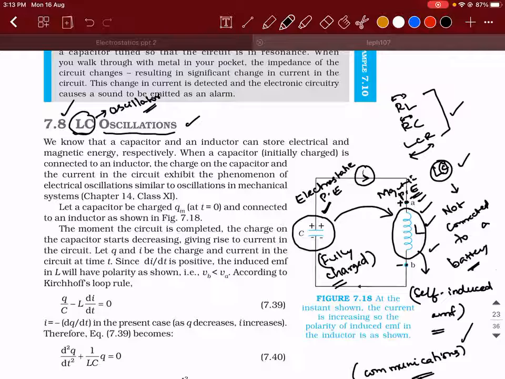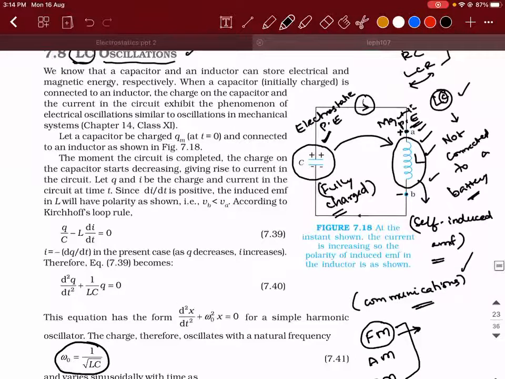So an LC oscillator works on the principle of continuous transfer of energy from electrostatic to magnetic and vice versa. So again, what will happen? Once the capacitor is discharged, what will happen? You guys tell me logically. Once the capacitor is discharged, is the process going to stop?